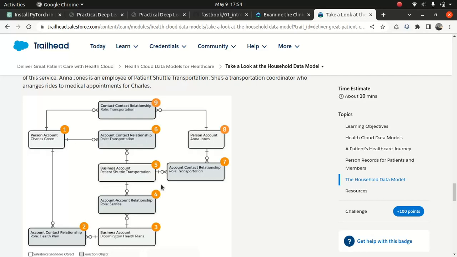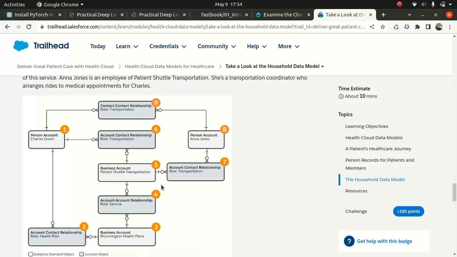Now, how? The medical insurance company is a payee, which we discussed in one of the previous episodes, right? So the payee object, or payee account, is linked to the child's account in the form of an account contact relationship, because obviously the child is linked to this insurance company, and then the insurance company has a contact linked to the transportation company, which provides the free ride to Charles to take him to a clinic, right?